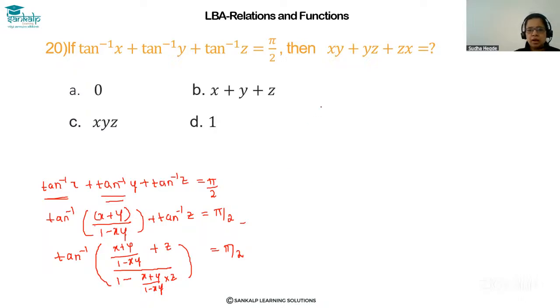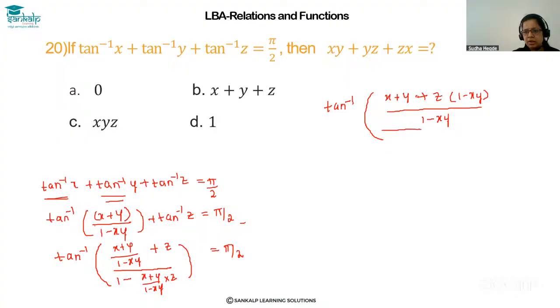Okay. Now simplify. That is tan inverse. Take LCM in the numerator and denominator. I'm writing directly x plus y plus z into 1 minus xy whole divided by 1 minus xy.